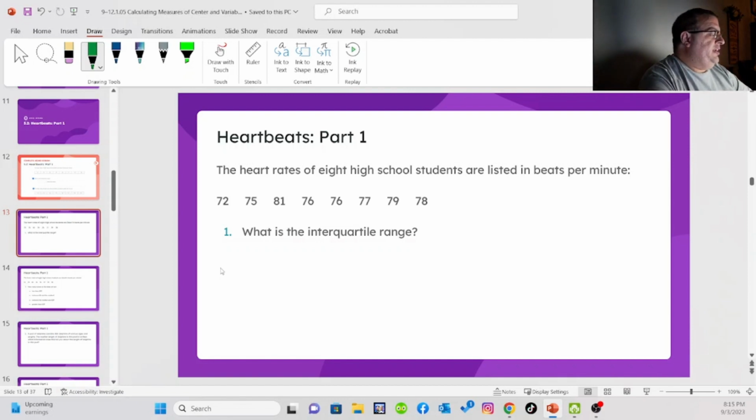Question number 1 wants to know, what is the interquartile range? So talk to those around you and see if you remember from junior high what the interquartile range is, and if you can figure out how to calculate that.